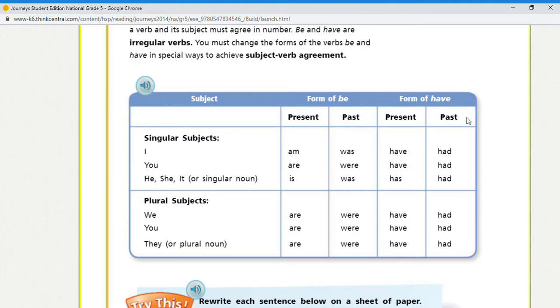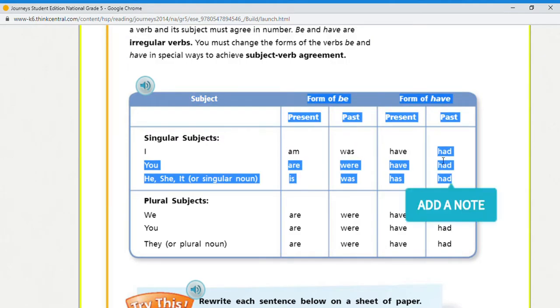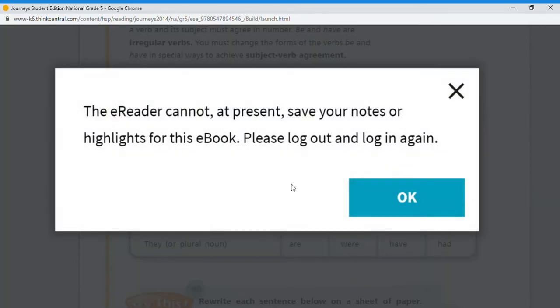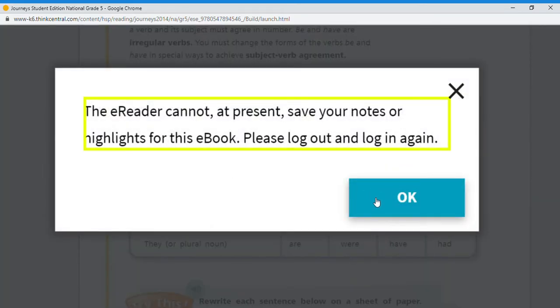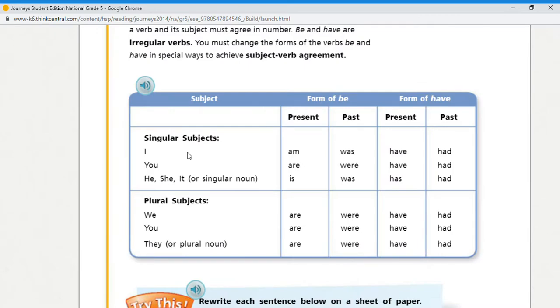And here, guys, in the past, all the forms in the past for the verb have is had. So it's the same. We do not change it. So sorry, whatever the subject is in the past, either it's singular or plural, the past form of have is had.